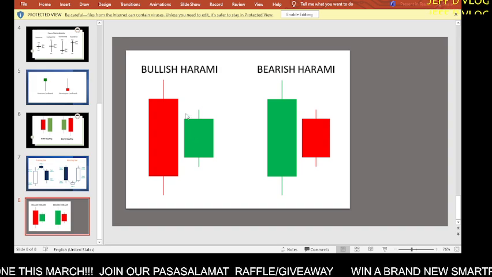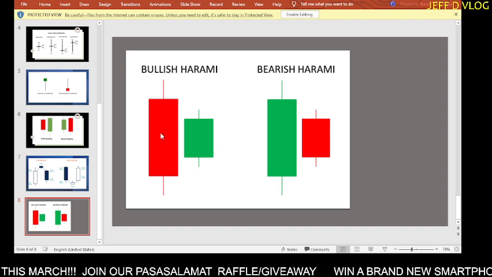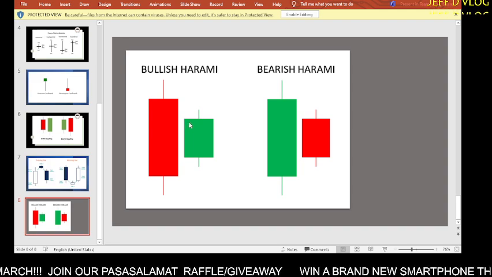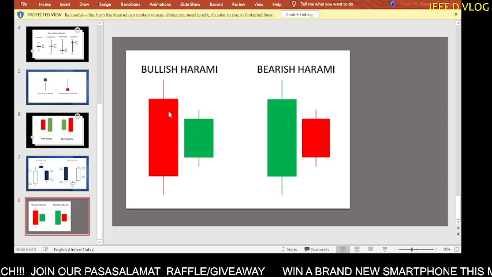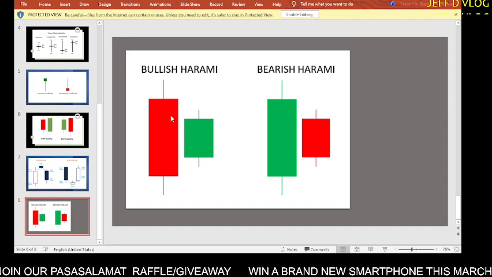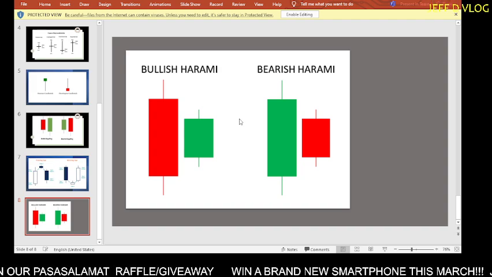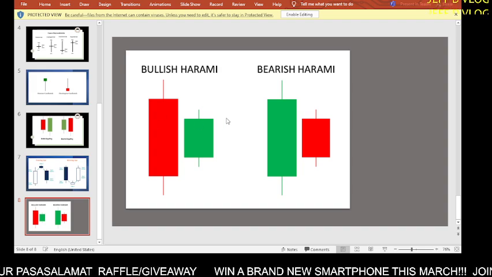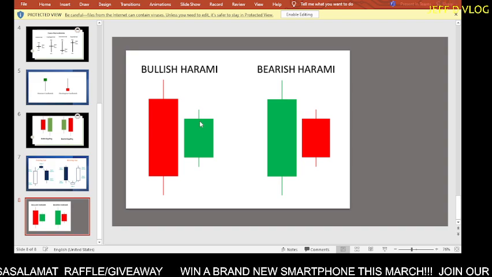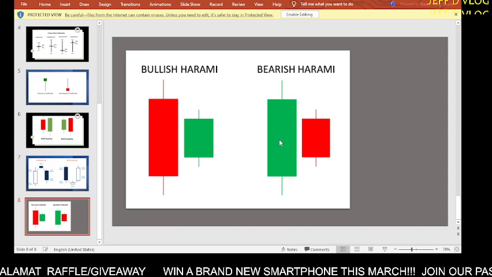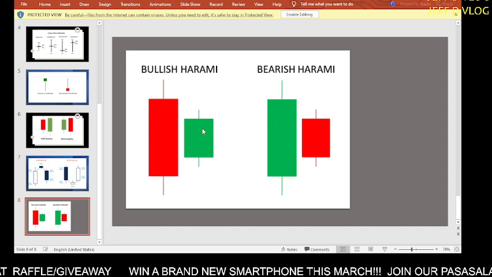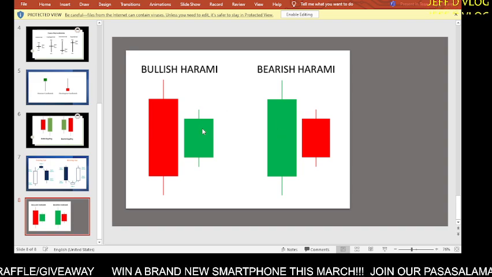You have the long bearish candle first, and next to that it will be followed by a bullish one that is smaller. The bearish harami candle is the inverted form of this one, of course. This one is the bullish. The bearish harami is the opposite of the bullish harami.